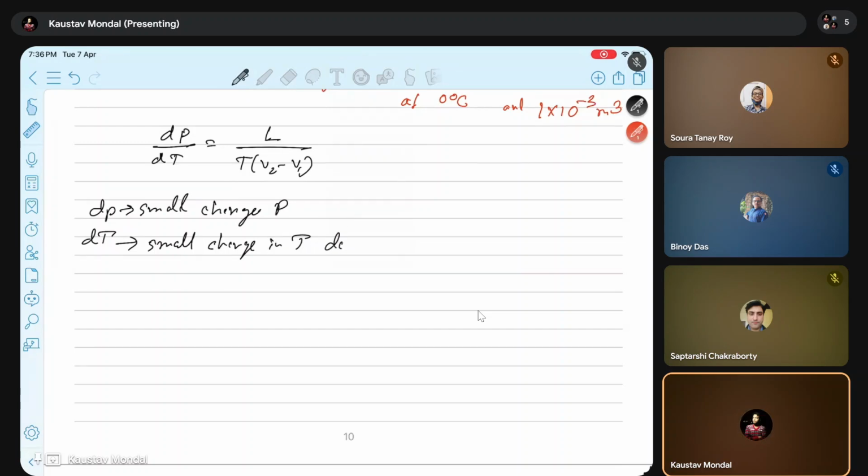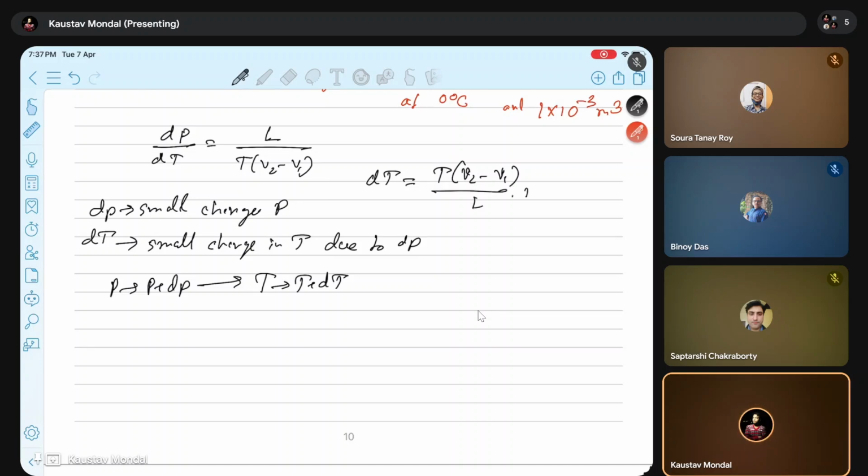If you change the pressure from P to P plus delta P, the temperature will change from T to T plus delta T. Here the temperature is nothing but the melting temperature. So you can write dT equal to T into (V2 minus V1) by L into dP.